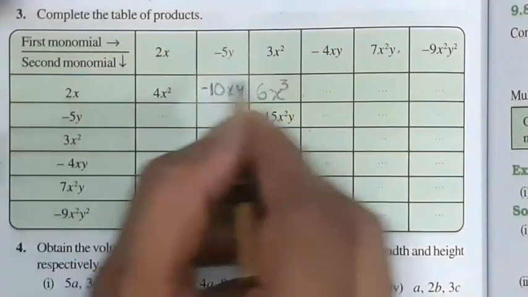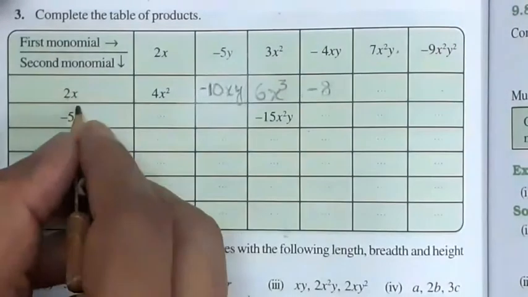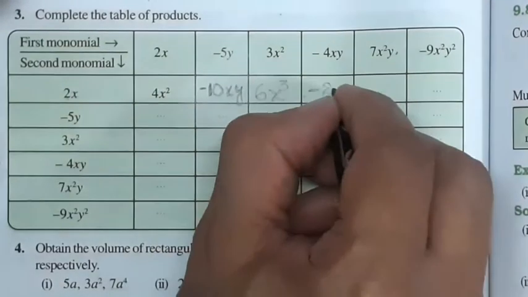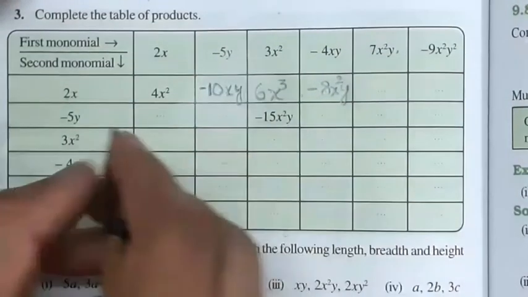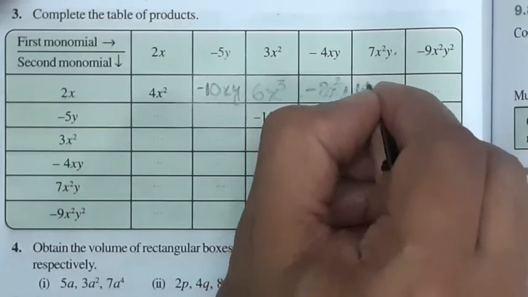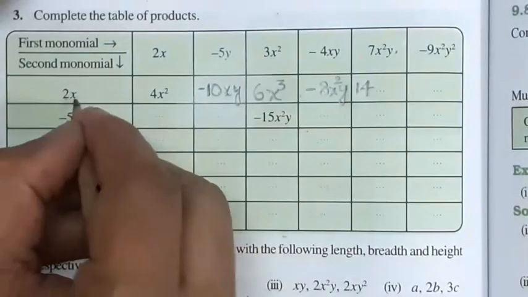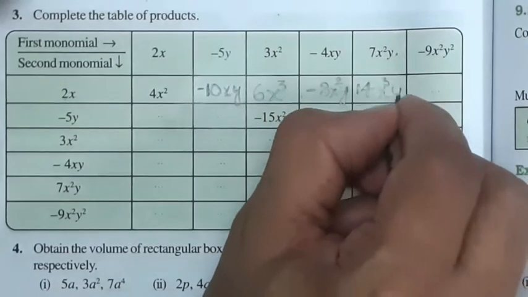Next, 2 into minus 4 is minus 8. x into xy, it is x square y. Okay. And 2 into 7, 14. x into x square y, it is x cube y.